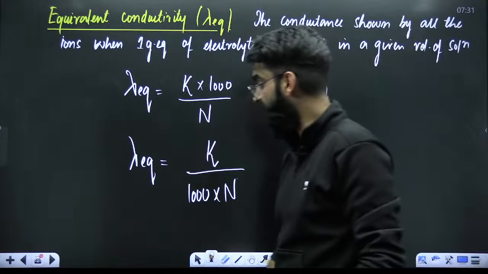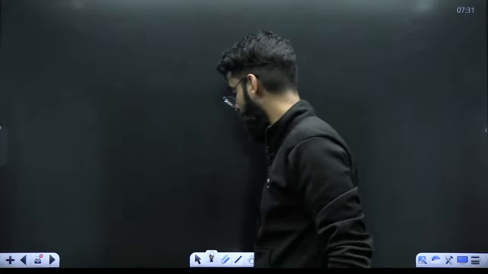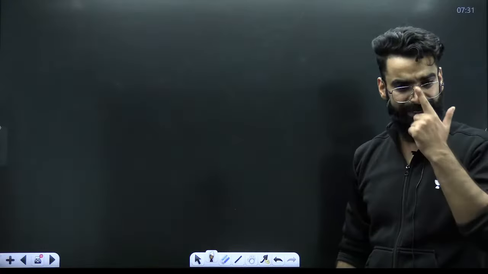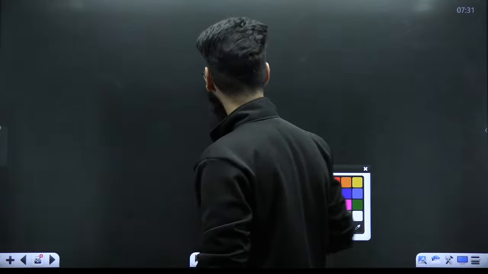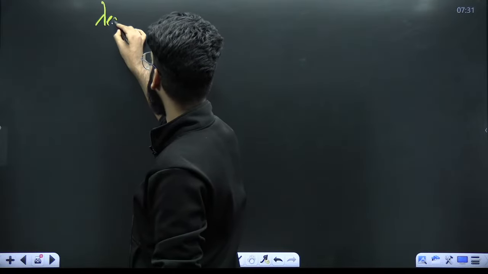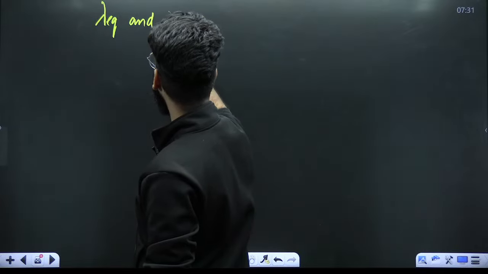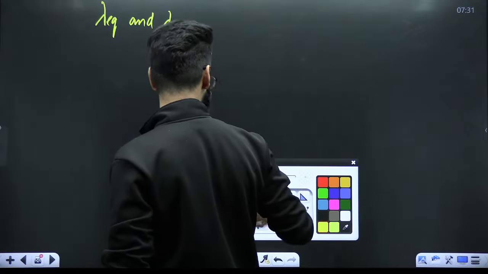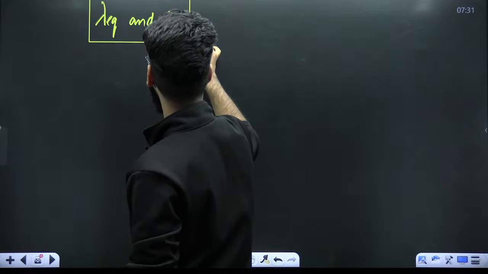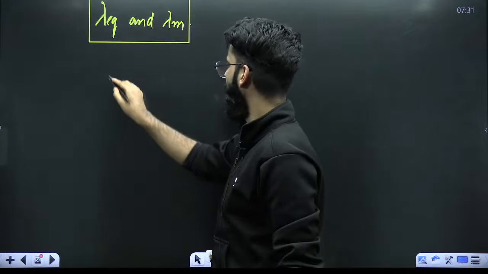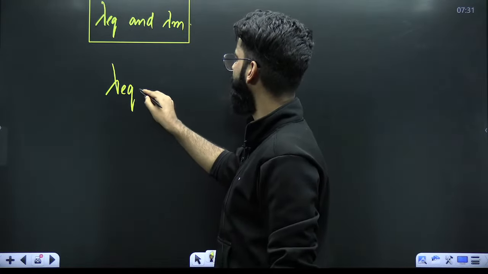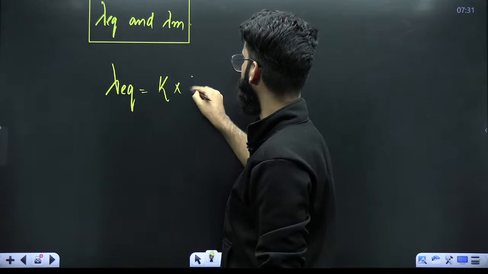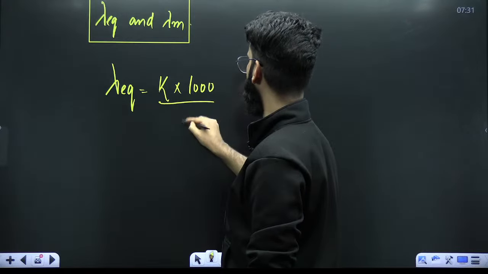Now, my dear students, if I ask you, what is going to be the relation between molar conductivity and equivalent conductivity? Since one of the relations I told you, lambda EQ is equal to kappa multiplied by 1000 divided by normality.